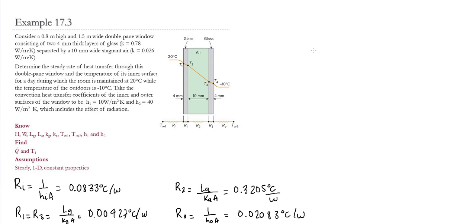So in order to calculate the total rate of heat transfer, we're going to use the change in temperature divided by the resistance. We're going to evaluate from T infinity 1 to T infinity 2, and then we're going to calculate the summation of all the resistances in order to evaluate the total rate of heat transfer.